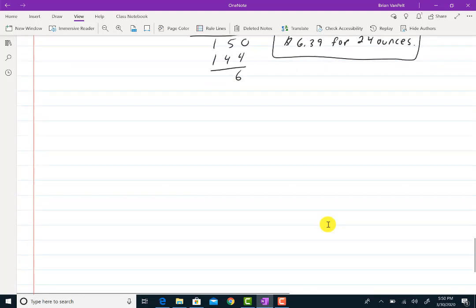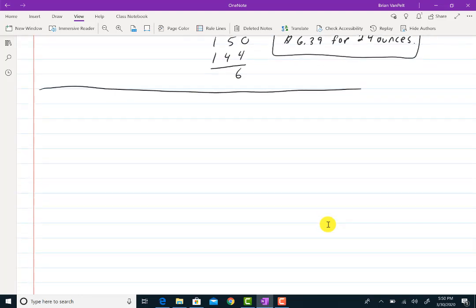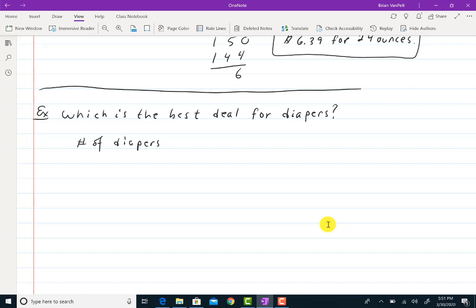Let's try another one. Which is the best deal for diapers? And here's what we have. We have the number of diapers and then their price.